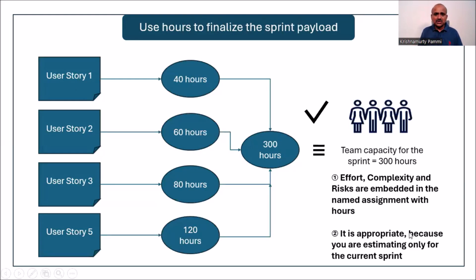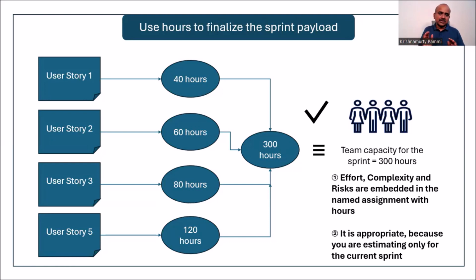Now, what we must do is reconcile. Whatever stories the product owner is giving add up to 300 hours, and my team capacity is 300 hours. So it is matching. At certain times the team may have a little more capacity, say 320 hours. That's okay. You may not do a proper match, but 10, 20, or 30 hours more is okay.